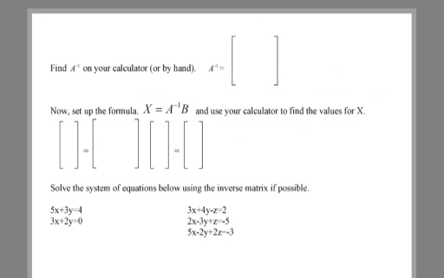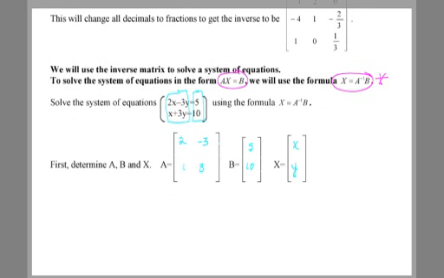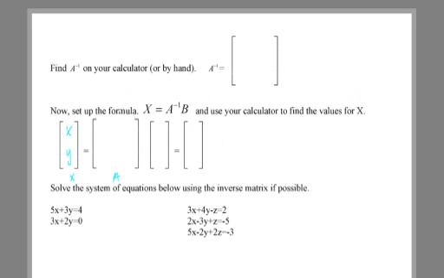Now we can take that matrix A, put it in our calculator, and find the inverse. Well, instead of doing that, we're going to let the calculator do it the whole way. Let's just set up the formula for the system of equations on the previous page. We want to set up X equal A inverse times B. So our variable matrix was X, Y. Matrix A looked like 2, negative 3, 1, 3.